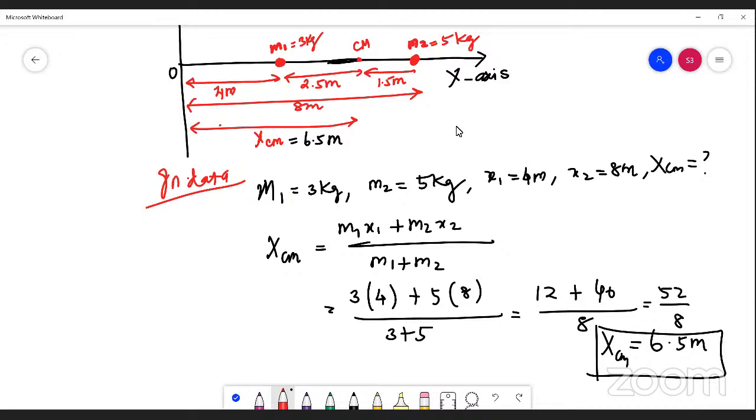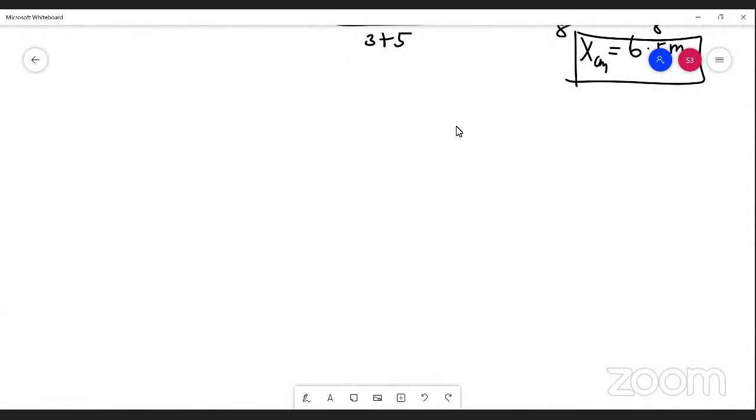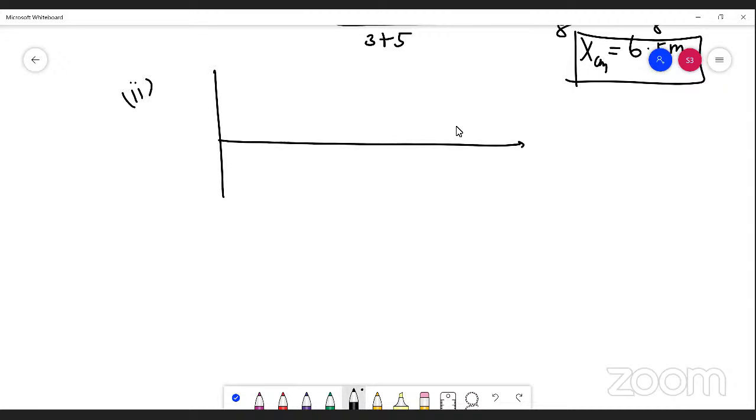Now, we already finished the first case. The second case is that the origin coincides with the mass M1, which is equal to 3 kilogram. That's what is given in the second case. This is the x-axis where the two masses are present.